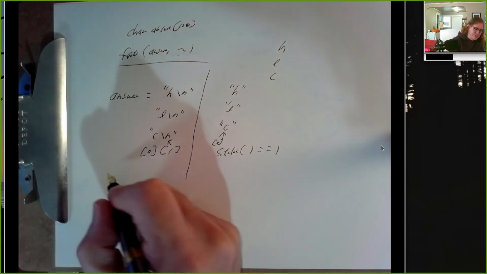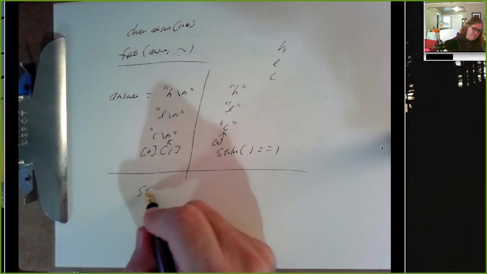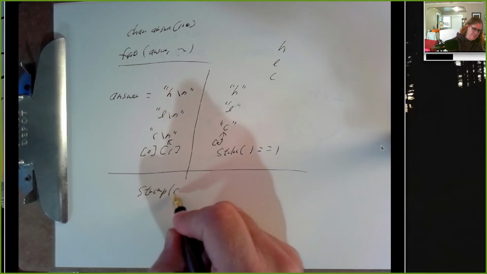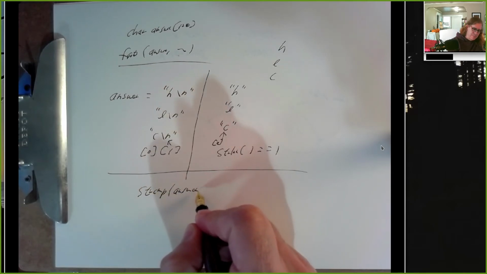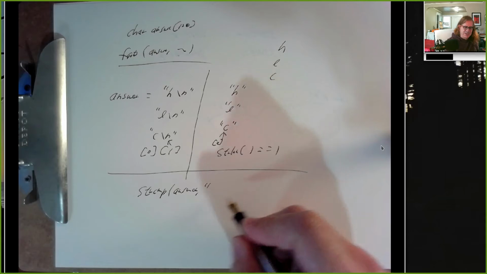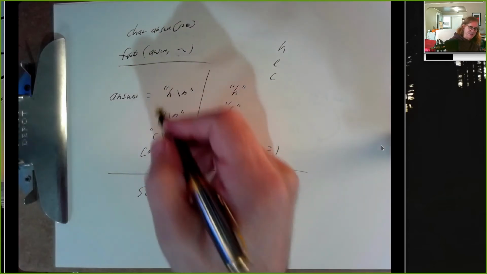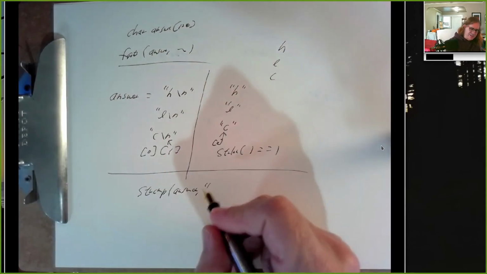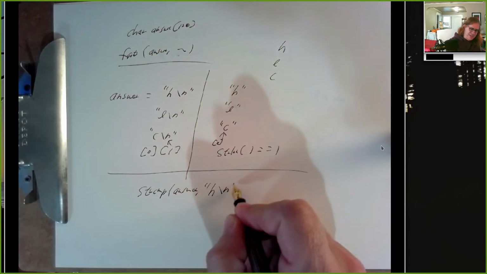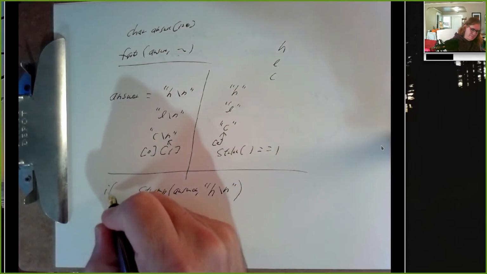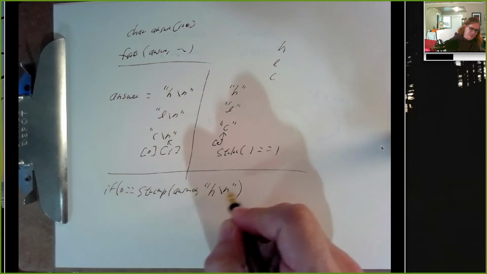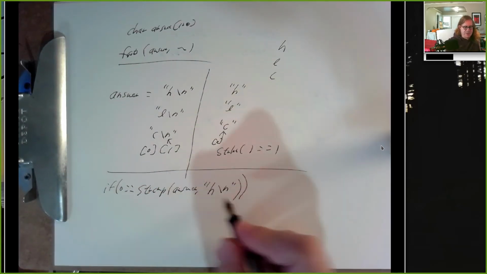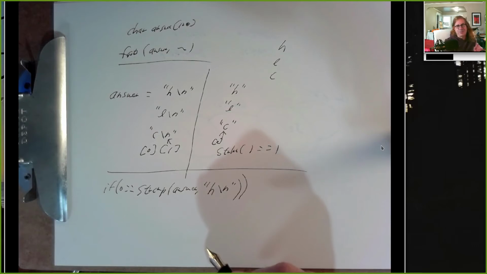You can also use string compare. You can put in a string, and it will tell you if your answer matches that exactly, character for character. And you can actually do something like h\n. String compare will return a 0 if this string matches that, and it returns non-zero if it's different.